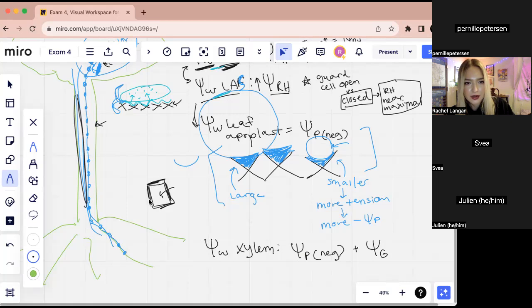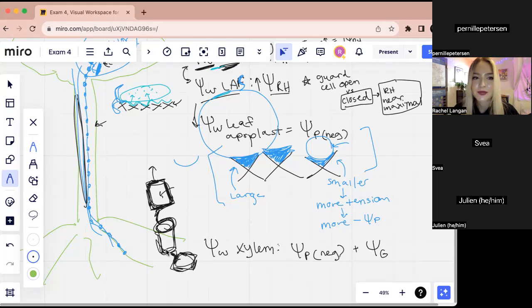So this apoplast area of the leaf cell is basically continuous with the xylem. It's like a xylem tube, which is then continuous with the apoplast area of the root cells. So if there's water in all of these areas, then movement here is going to pull and cause more negative pressure for all of those areas. I don't know if that helps.